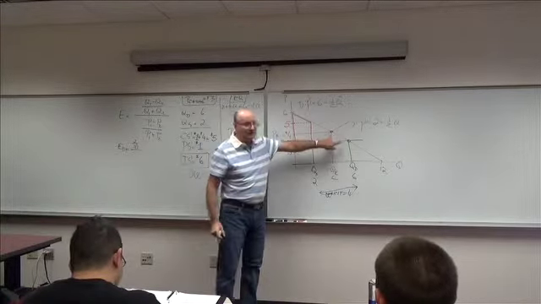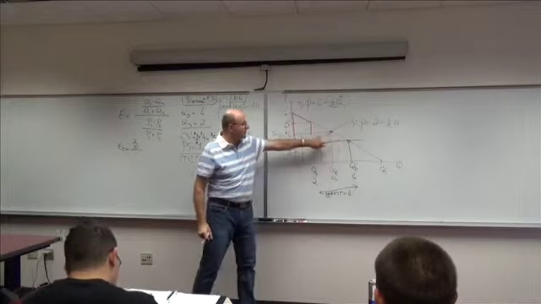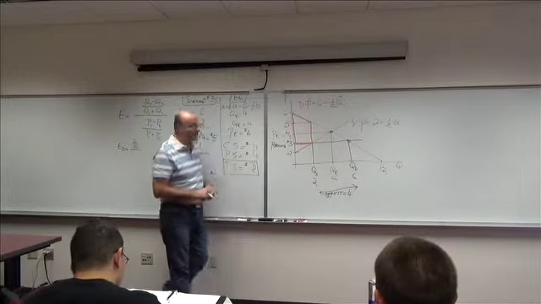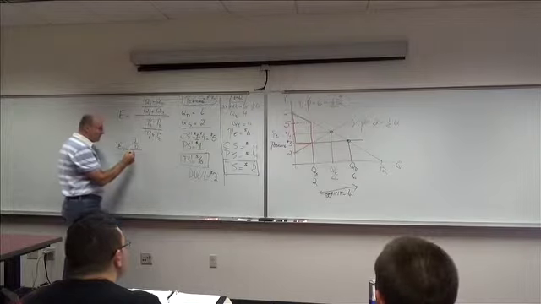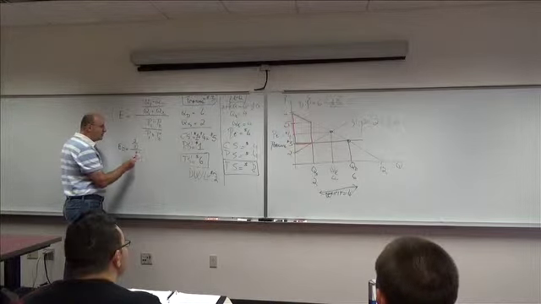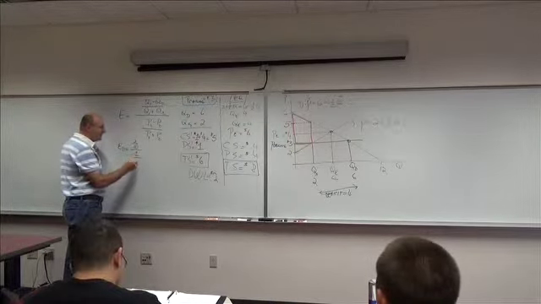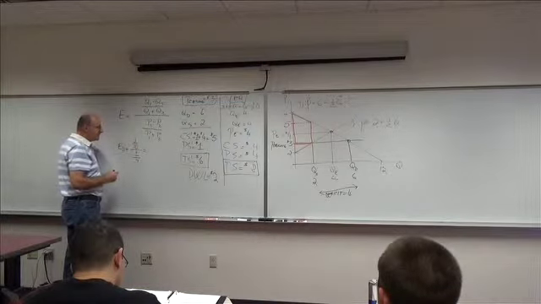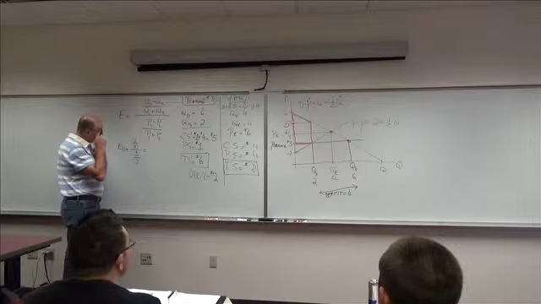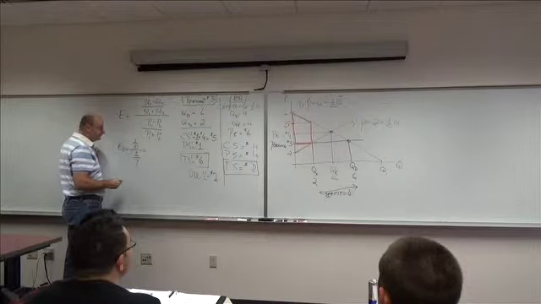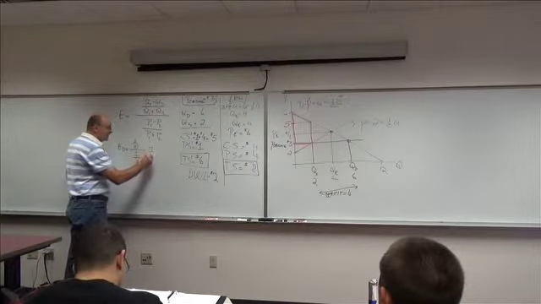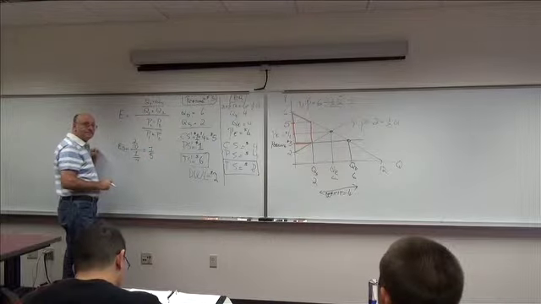What are the prices associated with those 2 points? 4 and 3. What's the difference between 4 and 3? 1. What's the sum of 4 and 3? 7. How much is 2/10 divided by 1/7? 7/5, right?